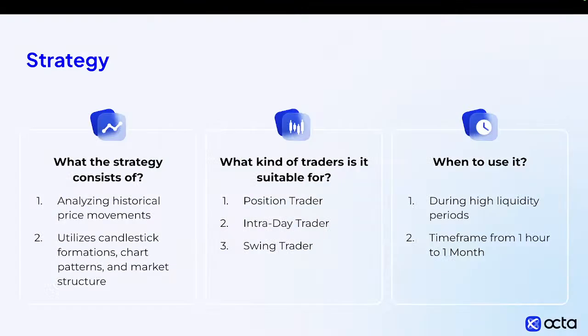Now, our strategy will focus on analyzing historical price movement, utilizing candlestick formation, chart patterns, and market structures. What kind of traders is this suitable for?